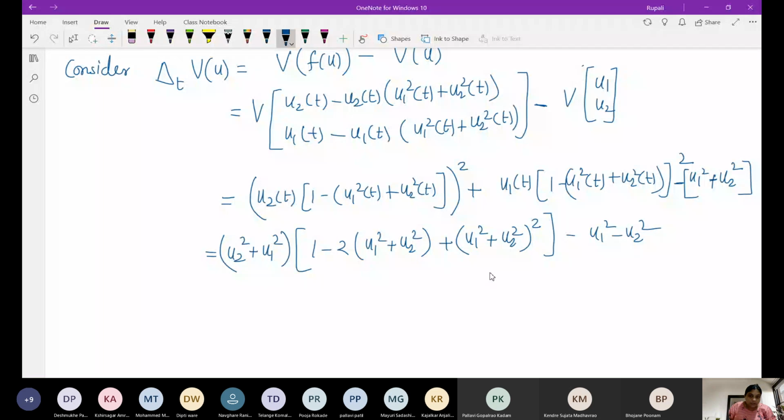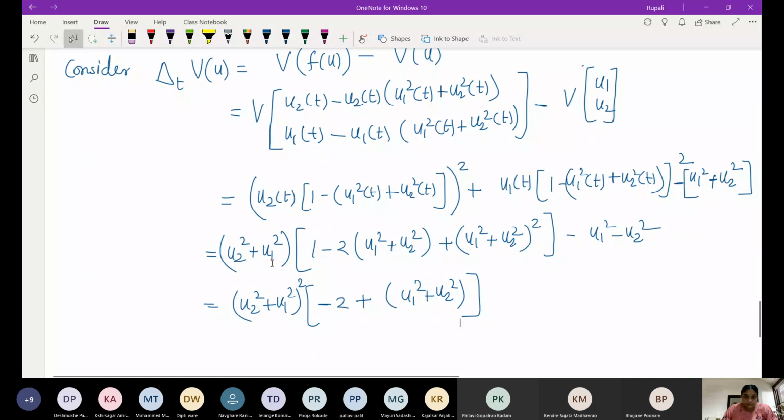If I again simplify, this will be u2 square plus u1 square times bracket square, minus 2 plus u1 square plus u2 square.